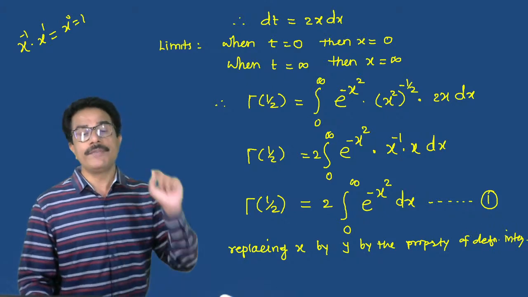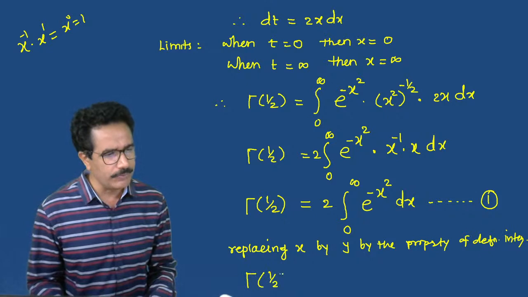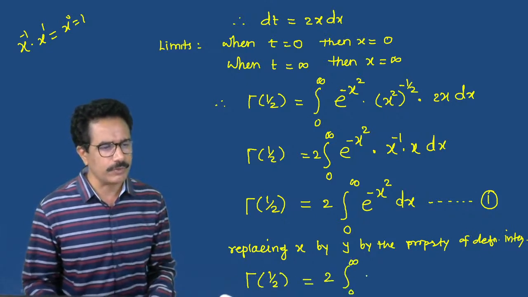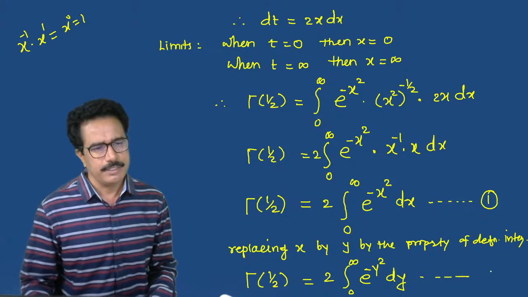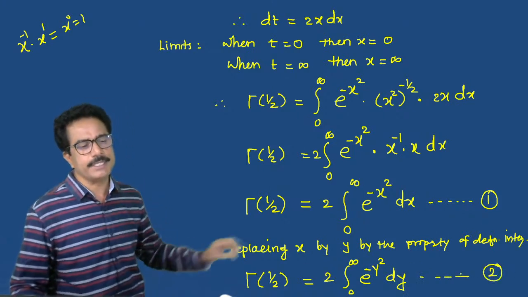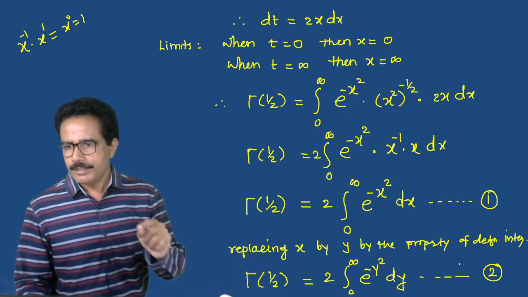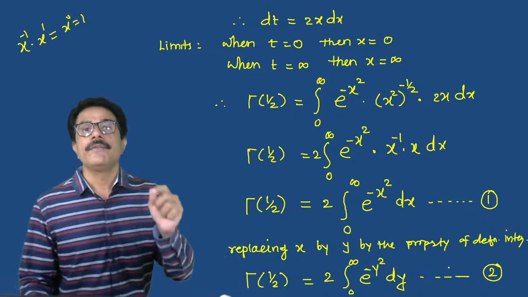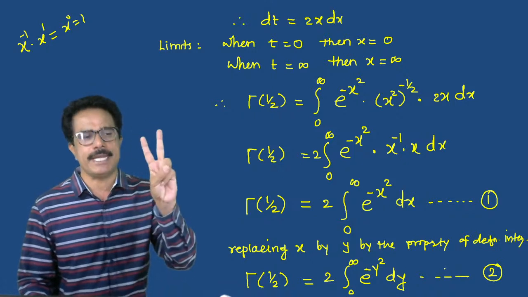So also we can write gamma of 1 by 2, which is equals to 2 times integral from 0 to infinity e raised to minus y square dy. Suppose this is equation second. This is the variable change property you can use. Okay. So replace x by y, then we will get by the variable change property which we have studied in the previous chapter, that is property number second.